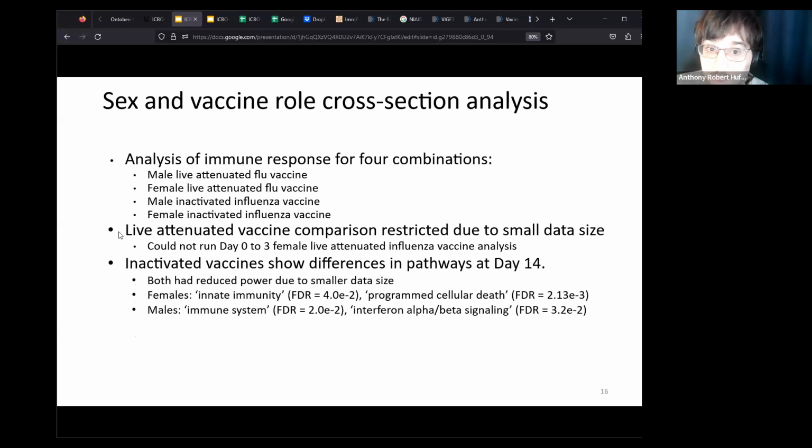And that, if any of you can guess, led to a separate issue, which is that because we're cutting down on a cross-section of results, our pairings from the number of genes are getting smaller and smaller, which affected our analysis. One of the big ones is that the day 0 to day 3 female live attenuated influenza vaccine analysis would not run on VIGET, simply because the data size was way too small.